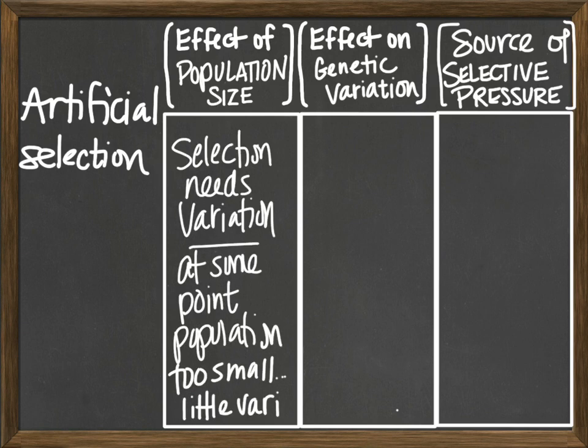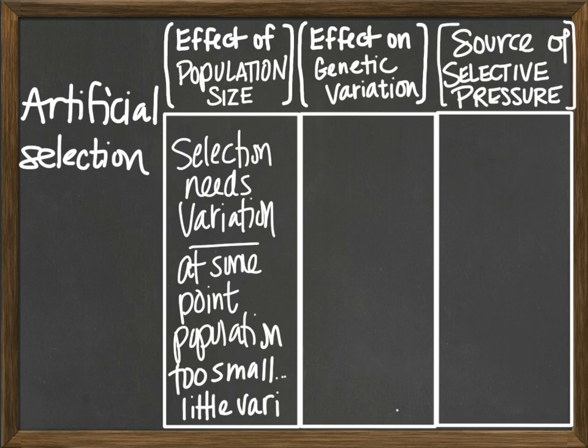What's the effect of population size? Well, again, selection requires variation. And if you have a domestic species that has a very small population, maybe it's limited to one geographic area, you can have a population that's too small to have much variation.